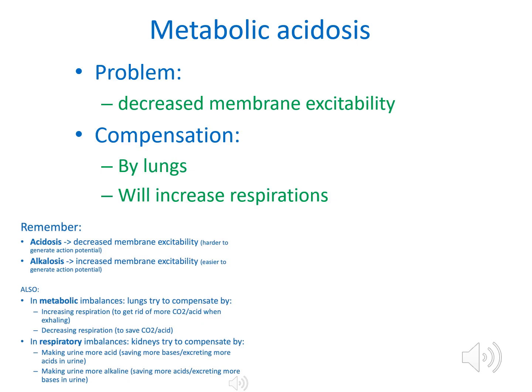Now you remember we said that acidosis decreases membrane excitability, right? There's something about acidosis that seems to directly depress the membrane. So now it's harder to generate an action potential. So you're going to see symptoms like lethargy or confusion, stupor, maybe even coma, because it's harder to generate those action potentials in those brain cells.